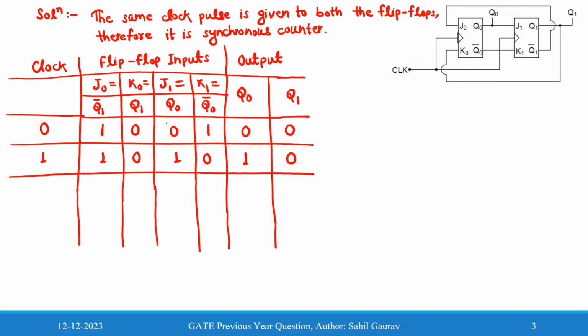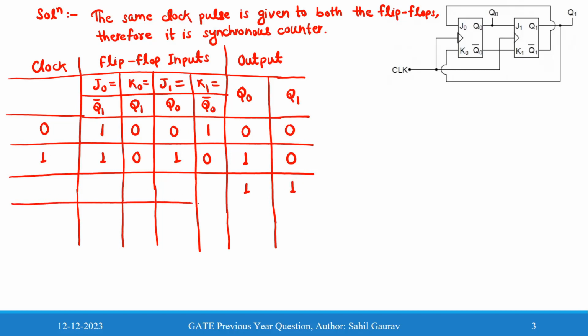Now for the first flip-flop, if J0 is equal to 1, K0 is equal to 1, that is set condition. So output Q0 will be 1, and for the second flip-flop, if J1 is 1, K1 is 0, that is set condition, the output of the second flip-flop is also 1.